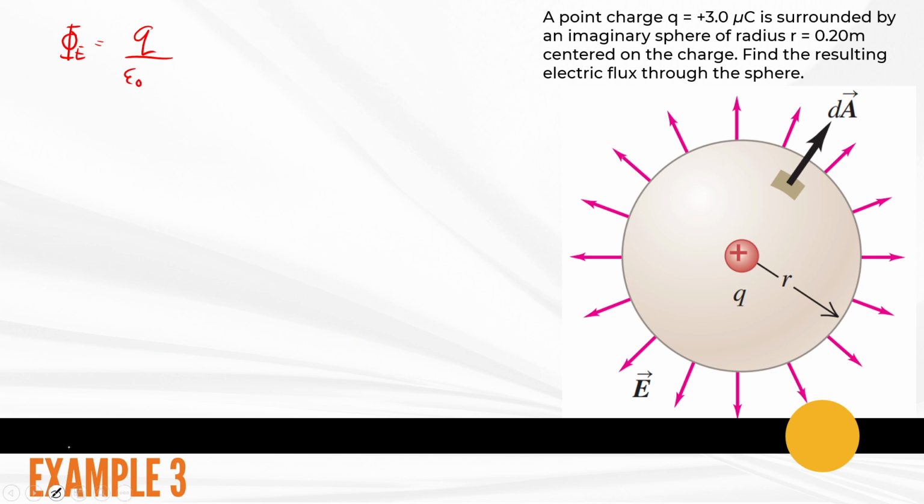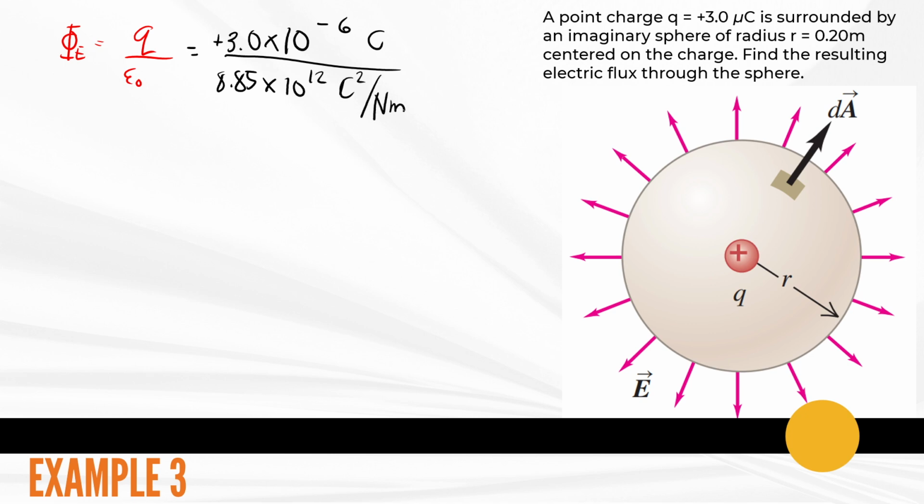Substitute po natin yung mga values natin. Q is equal to positive 3.0 times 10 raised to negative 6 coulomb. Okay? All over epsilon naught, may value po yan, 8.85 times 10 raised to negative 12 coulomb squared per Newton meter squared.